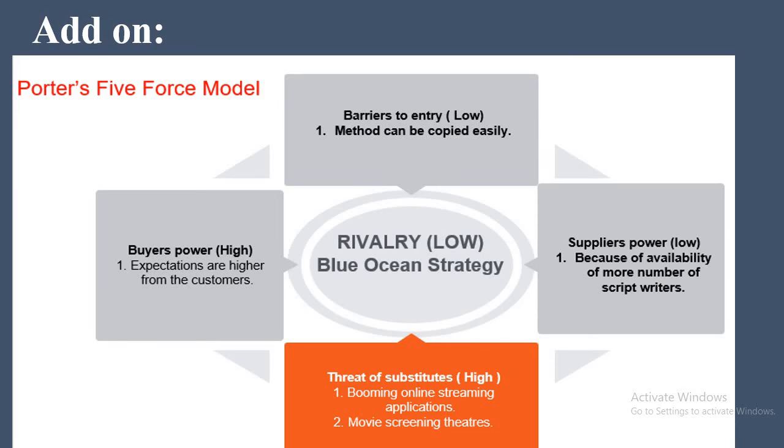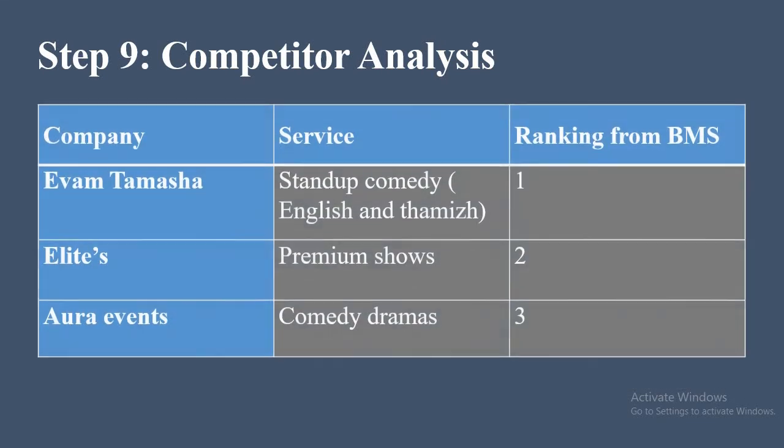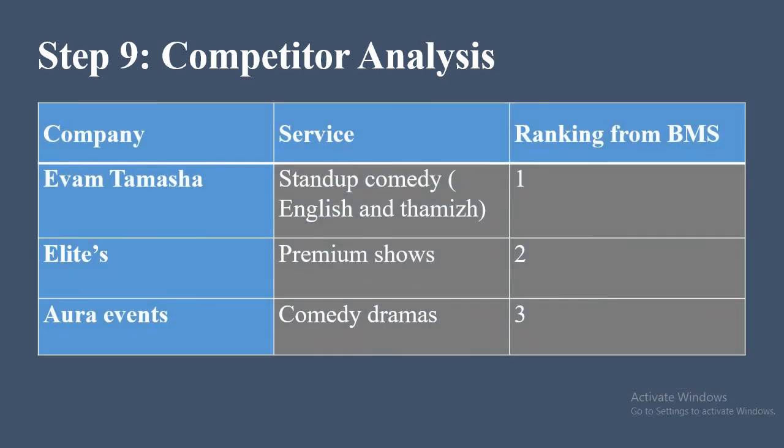If you want, you can do a Porter's 5 force model. We'll try to cover this in a separate video. As of now, you just know this. And finally, you do a competitor analysis. Competitor analysis can be done in n number of ways. What we have done is we took the top 3 competitors and displayed the services provided by them.